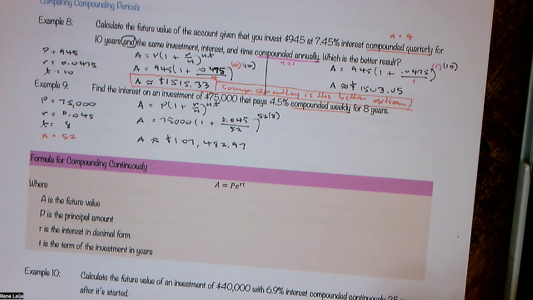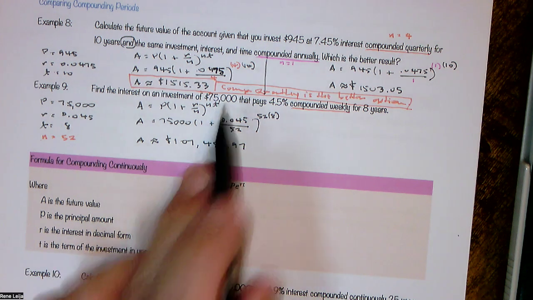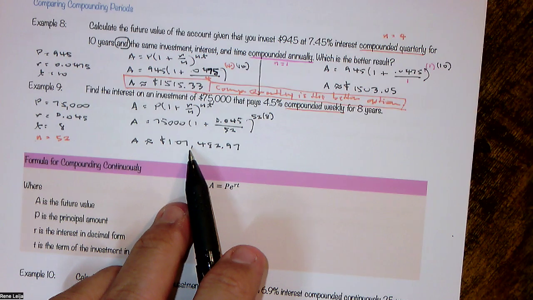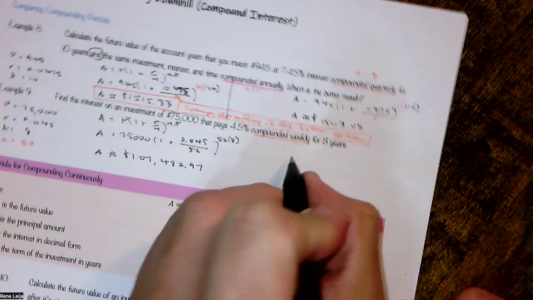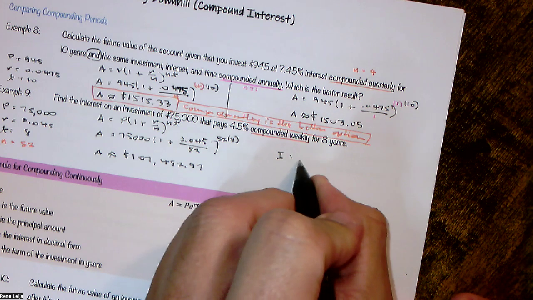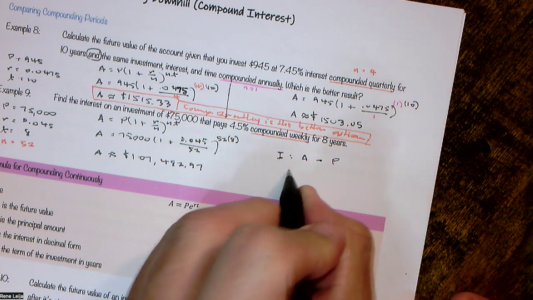So what made my $75,000 increase to this amount that's over $107,000? The difference is going to be the interest that was earned. So all I have to do to find the interest is take your future value and subtract the principal from it.